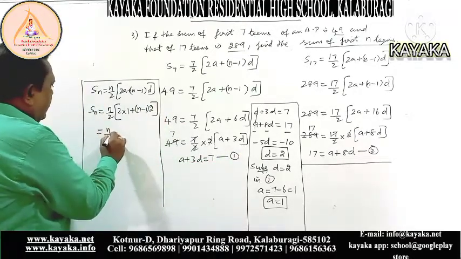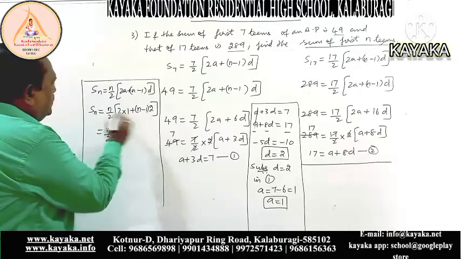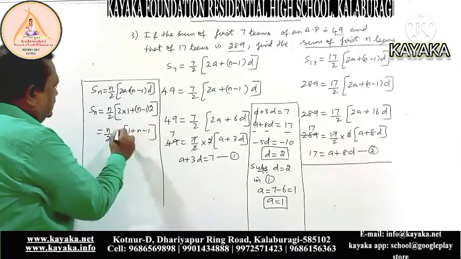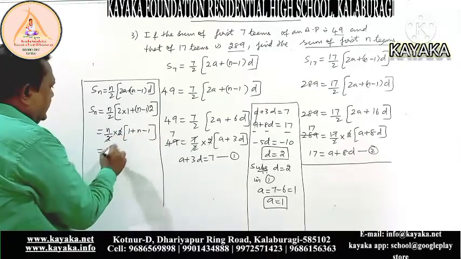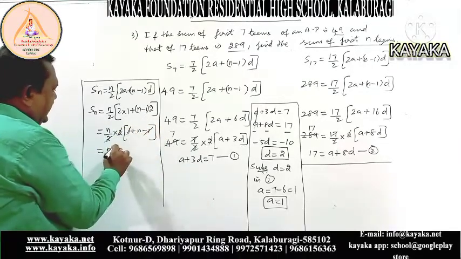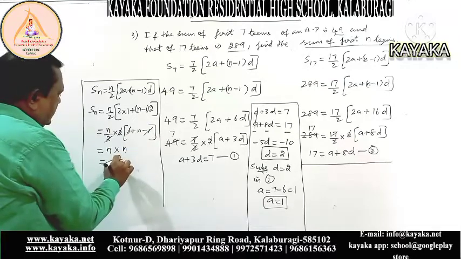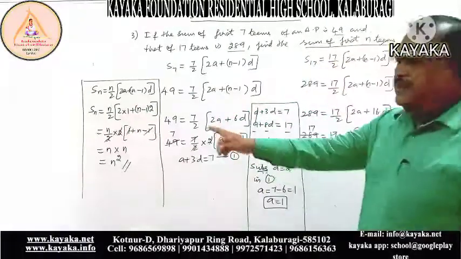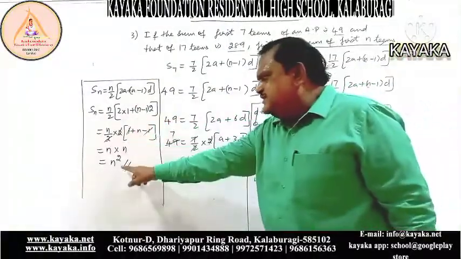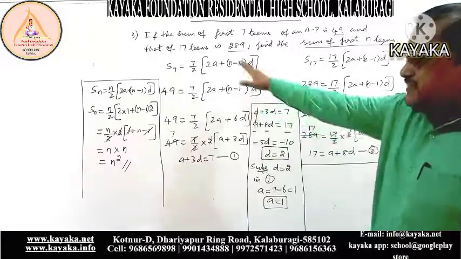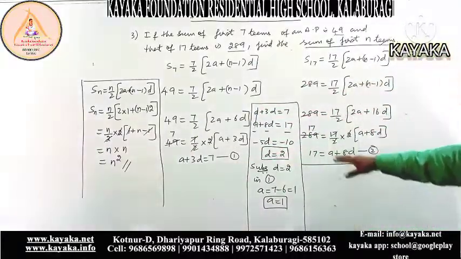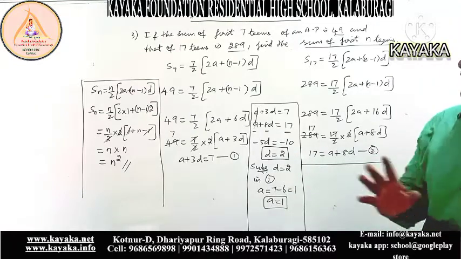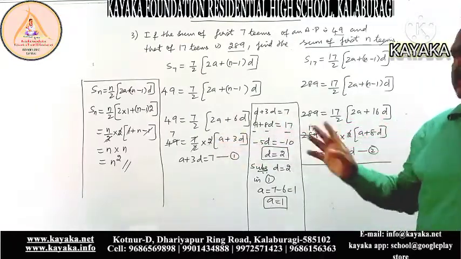Okay, dear children, from this 2 and 2 you can take common, you will get 1 plus n minus 1. 2 and 2 will get cancelled, 1 and 1 will get cancelled, n into n, you will get n square as the answer. Therefore, what is the value for Sn? Sn is equal to n square. This is the first step. This is the second step, solving these two equations, getting the value for D and A. That is the third step, and that is the last step. We will get the Sn value.